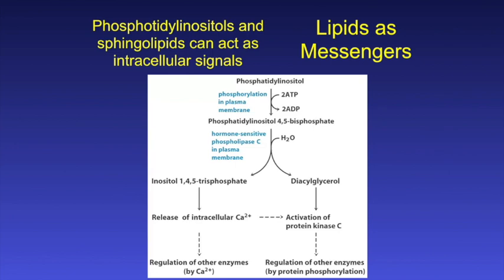What we actually have is phosphatidylinositol that gets phosphorylated a couple times, and then when it breaks apart by phospholipase C upon the hormone, you get this inositol 1,4,5-triphosphate. We call that IP3, and we call diacylglycerol DAG. So IP3 and DAG are these particular molecules. And so the lipids themselves can be signaling molecules.